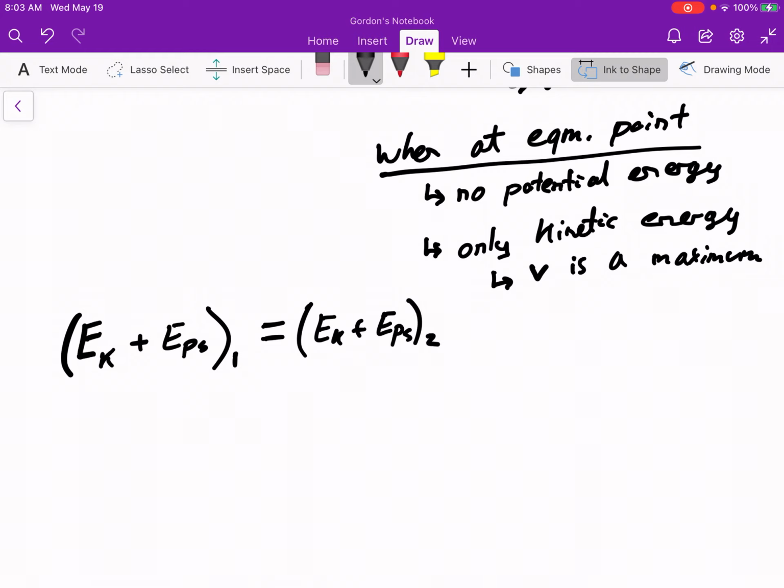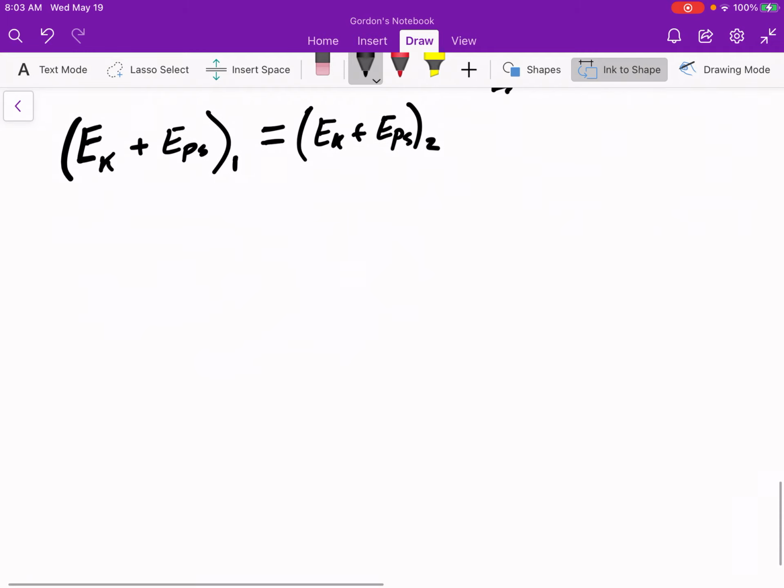And so you can always come back to this equation here. If you are at either the equilibrium point or at the extremes, then some of these values are going to be 0, and we're going to see that in the example. So that's with the mass spring systems.